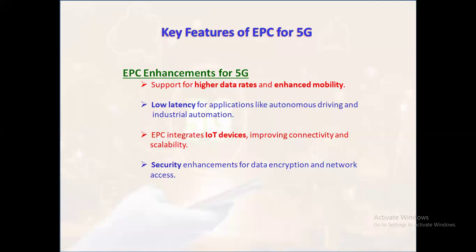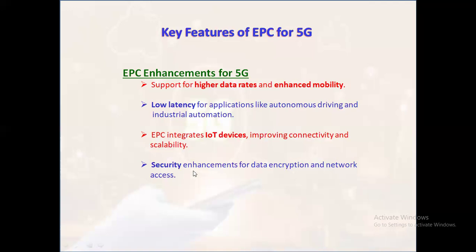By allowing more efficient device management and resource allocation, EPC improves the scalability of the network, enabling the seamless integration of billions of IoT devices. This enhanced connectivity is crucial for the deployment of smart cities, connected homes, and industrial IoT solutions where devices need to communicate and exchange data reliably across large-scale networks.